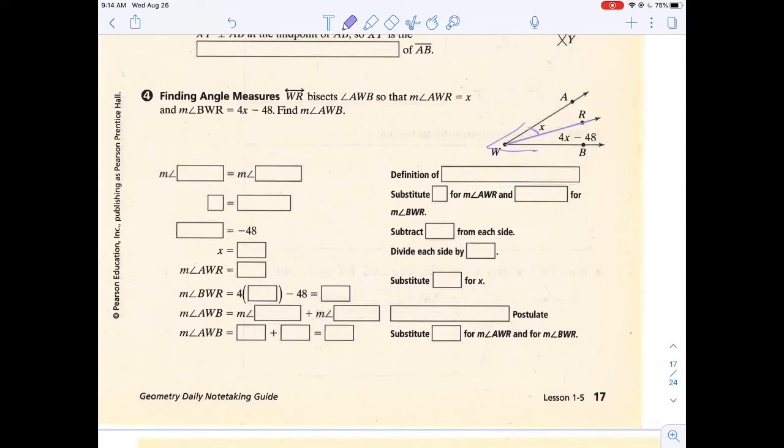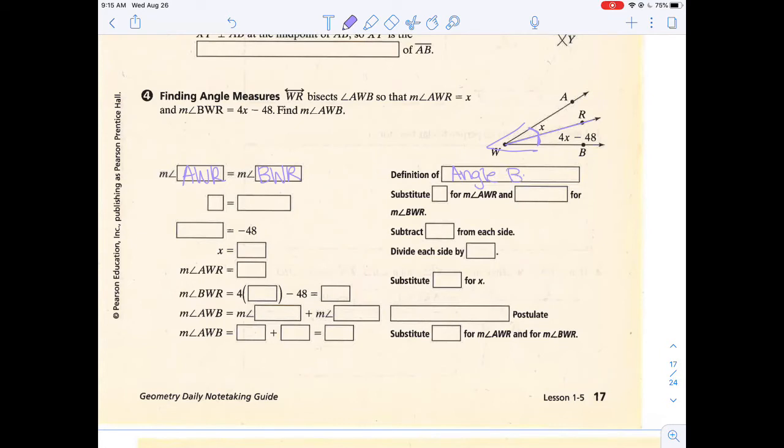So we know that this angle is congruent to this angle. We know that AWR equals x and BWR equals 4x minus 48. So if they are bisected, we know angle AWR is equal to angle BWR. Okay, that's the definition of an angle bisector.